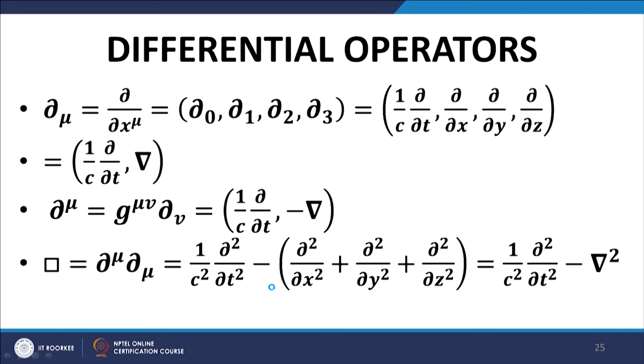The differential operators in the contravariant and covariant notation are given on your slide, and the box operator is also presented in this slide. So viewers may please acquaint themselves with the notation in the 4 or 5 slides that I have dedicated to this notation, to make the future exposition unambiguous.